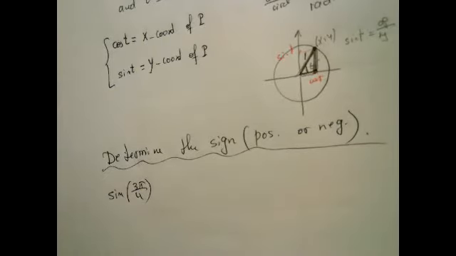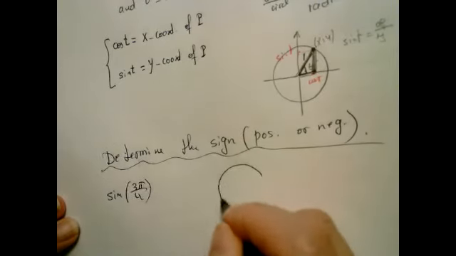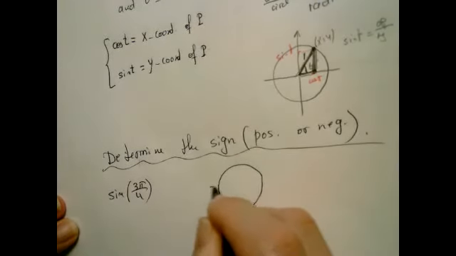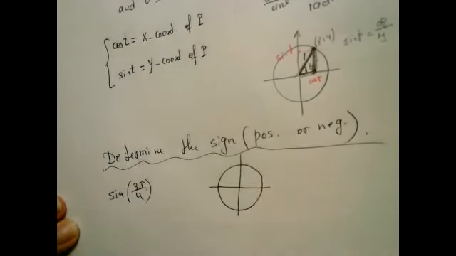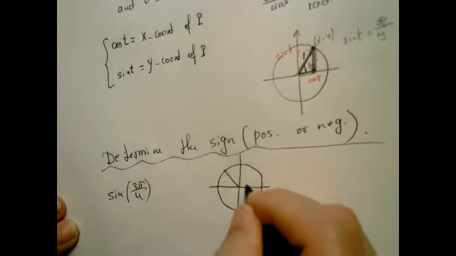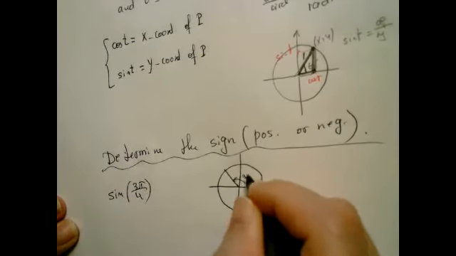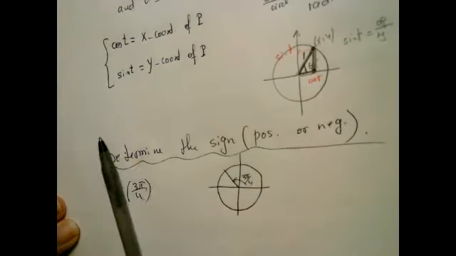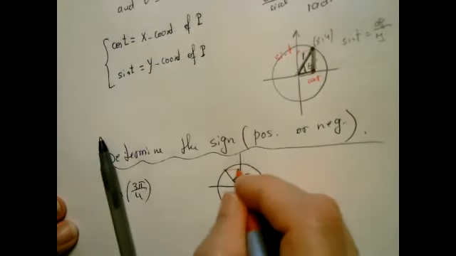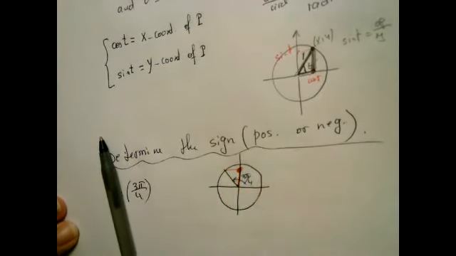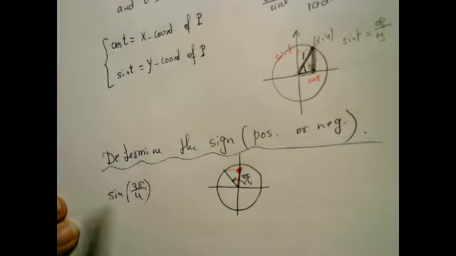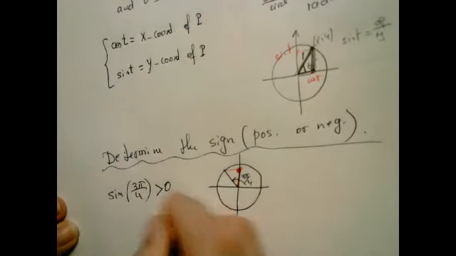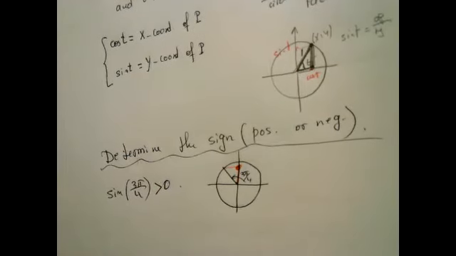Do you agree with him? Absolutely. I usually don't think very hard. I go to my unit circle. I draw a 3 pi over 4. Exactly. And I say, okay, what's the sign? The sign is the y coordinate. So it's absolutely positive.